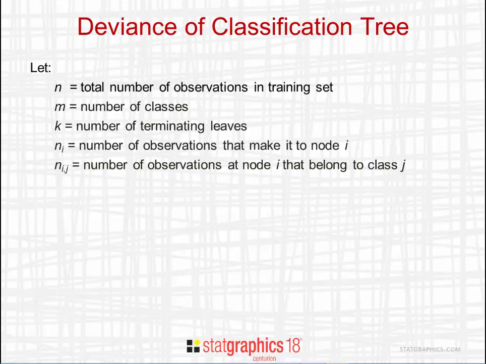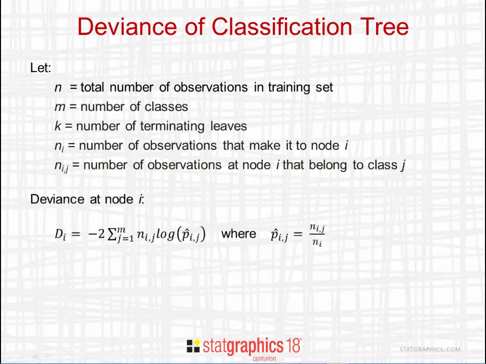N sub i will represent the number of observations that make it to node i. A node is a place where there's either a split or a terminating node. That would be a leaf. I'm also going to let n sub ij be the number of observations that make it to node i and also belong to class j.